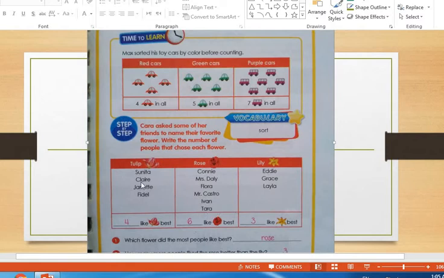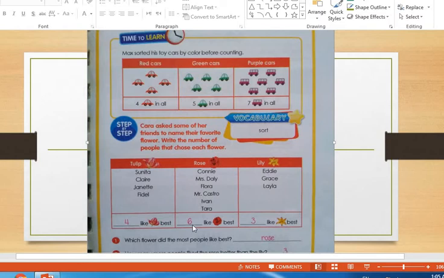So how many students prefer tulip flower? 1, 2, 3, and 4. So 4 people like tulip best. How many people preferred the rose flower? 1, 2, 3, 4, 5, 6.